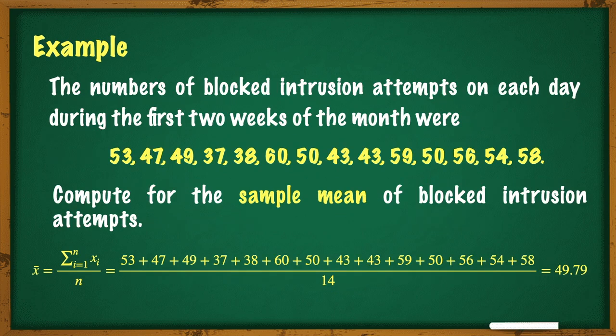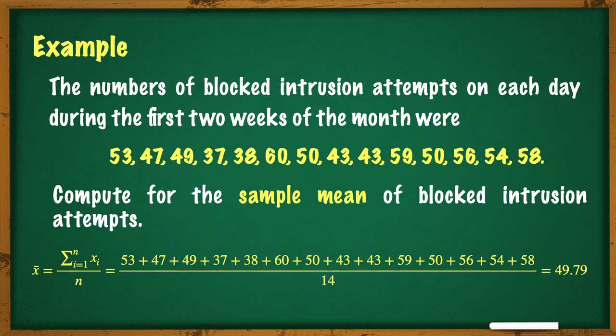Another example is the numbers of block intrusion attempts on each day during the first 2 weeks of the month were recorded as follows. Compute for the sample mean of the block intrusion attempts. To solve this, note that this is a sample data, so we are going to use the computing formula for the sample mean.